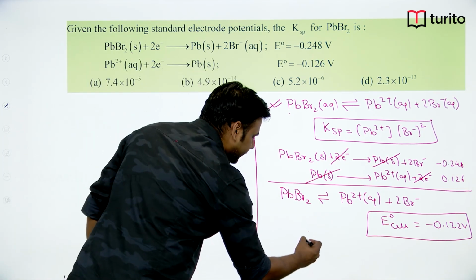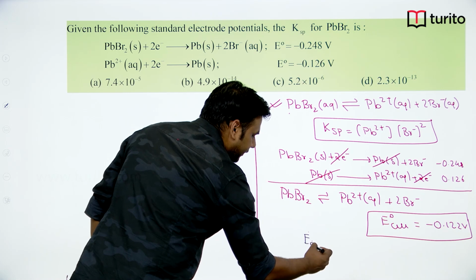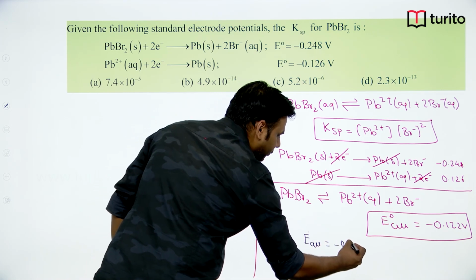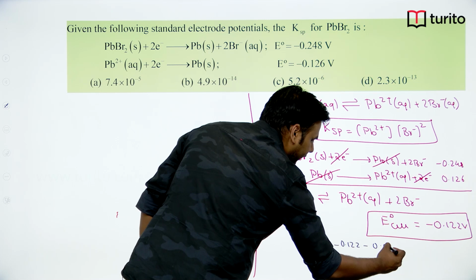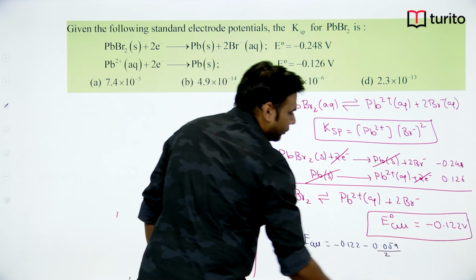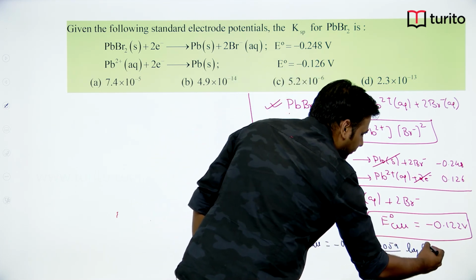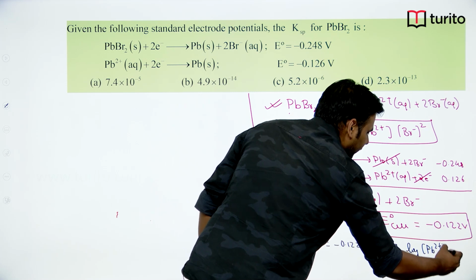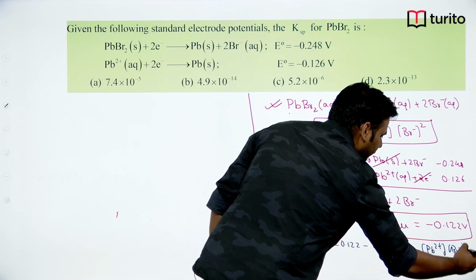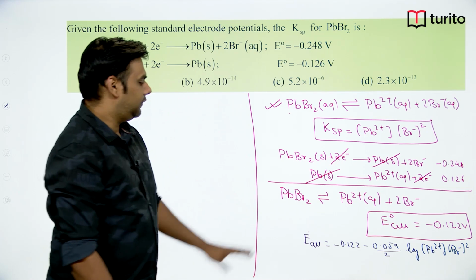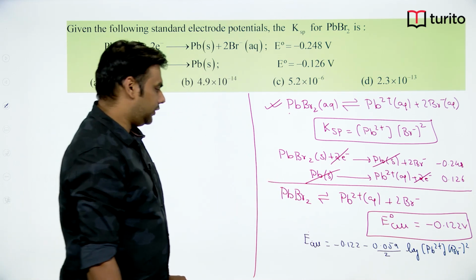PbBr2 is solid, so we don't have to write it in the reaction quotient expression.